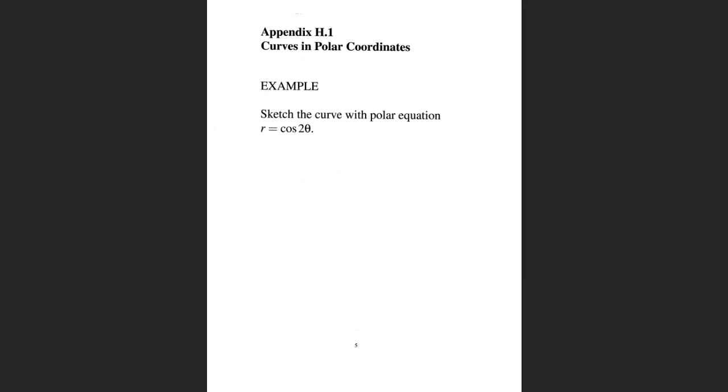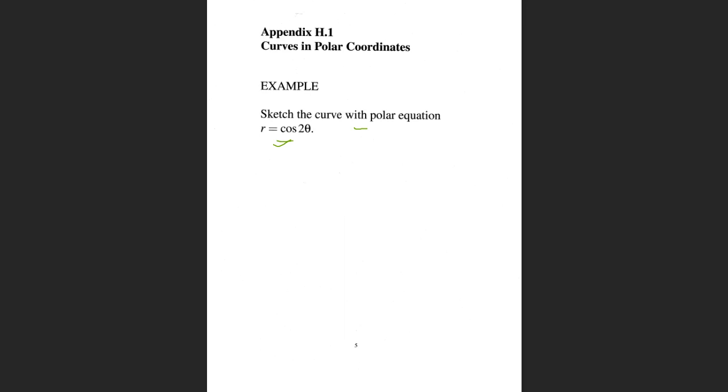Now, this problem here, we're going to do in a little different way than using Desmos. Because I know in section H.1 there's a problem where they give you a graph of a function of theta, and based on the graph you have to draw the polar curve. So for this one, I'm going to graph cosine of 2 theta like we would a normal trig function.